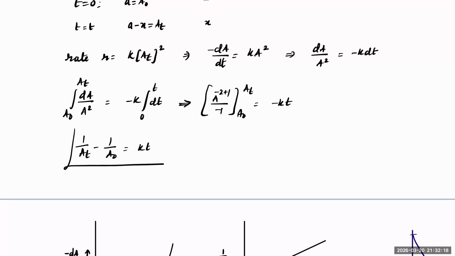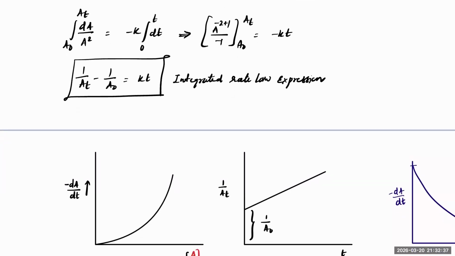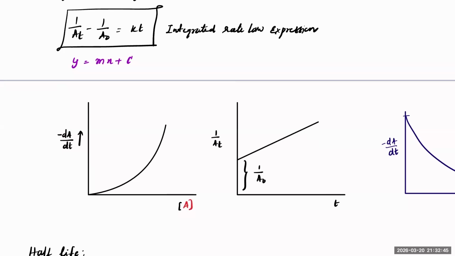So this is the integrated rate law expression for second order kinetics. Okay. This seems more like y is equal to mx plus c, where y in this case is 1 by At, and x in this case is t, and the y-intercept is 1 by a naught, and slope is k. Got it?